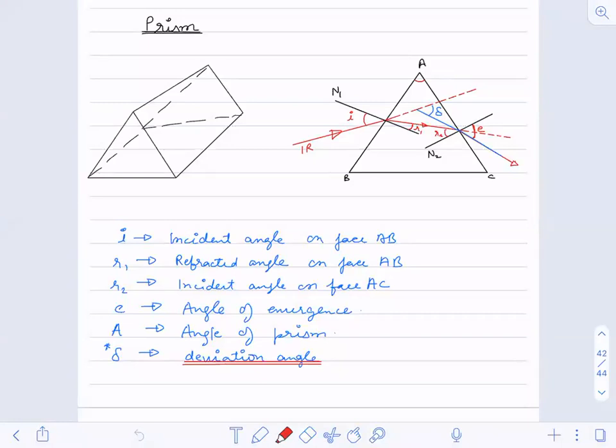If anybody has any doubt in any of the angles, please ask now. Before I start the mathematical analysis, it is very important to know all the angles. If nobody has any doubt, because I can't see any message, I'm starting the analysis now.